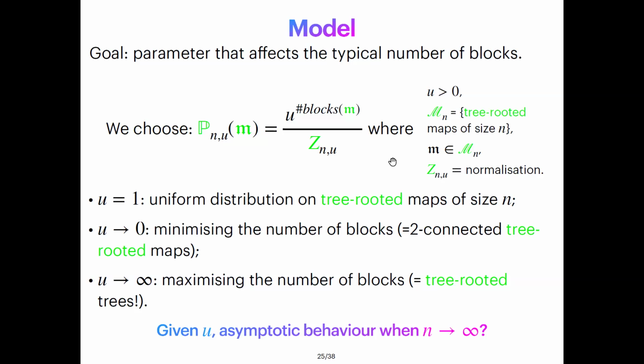When u equals 1, it's simply the uniform distribution on tree-rooted maps. When u tends to 0, it's 2-connected tree-rooted maps which are favored, and when u tends to infinity, it's tree-rooted trees which are favored. And once again, the question is, given u, what is the asymptotic behavior of M drawn according to P n u when n tends to infinity?